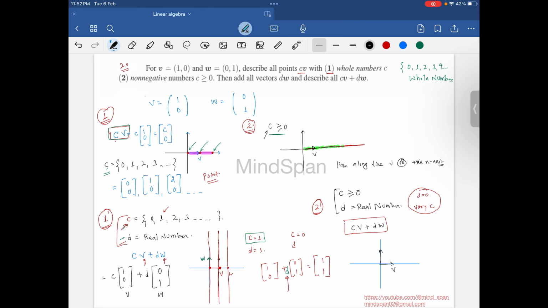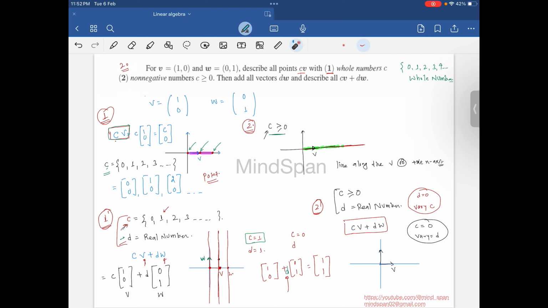If I am varying c and letting d equal 0, and c can be any value greater than 0, I will be getting this kind of space. And what more can I do? I can set c equal to 0 and vary d.